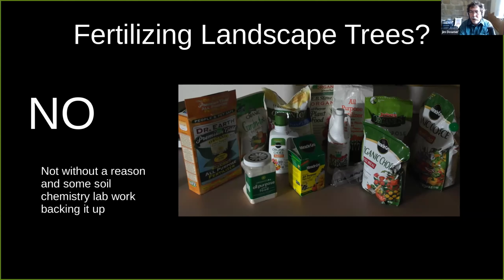You can't just go buy a bag of fertilizer and throw it down on your tree and call that responsible horticulture, because you might be polluting waterways doing that, adding to the nitrogen burden of the runoff water in the creeks. And this is something we've got to stop doing. We can't just keep fertilizing everything sort of willy-nilly without thought and without care for what we're doing.